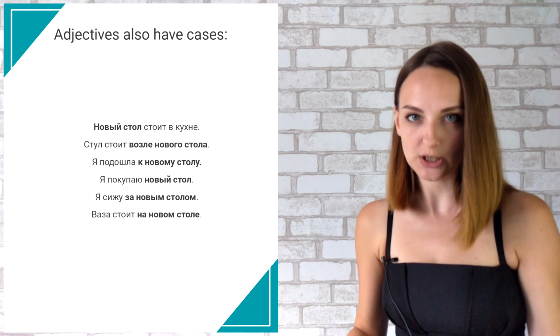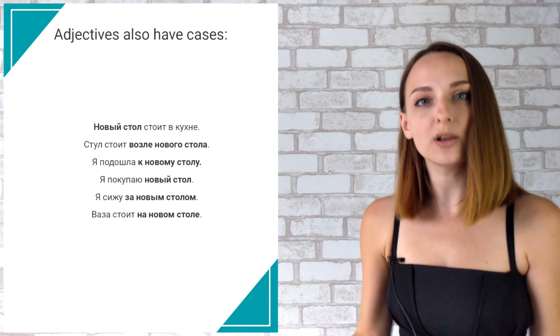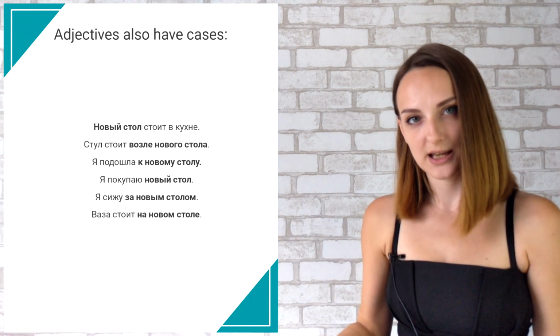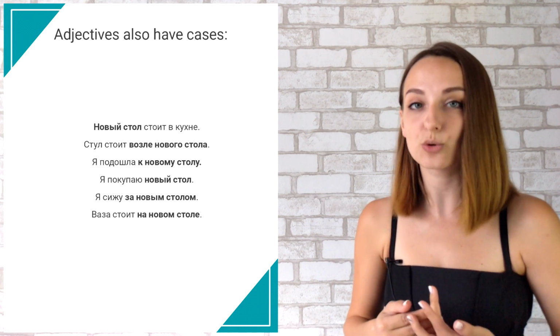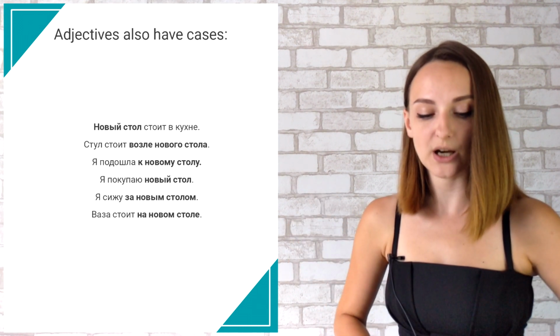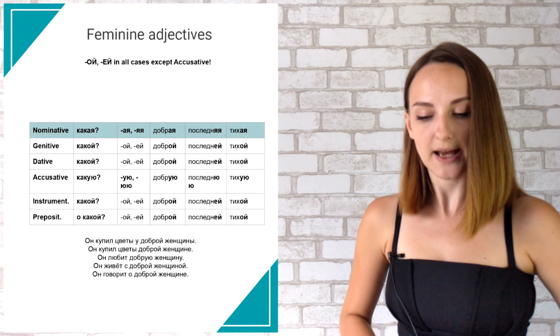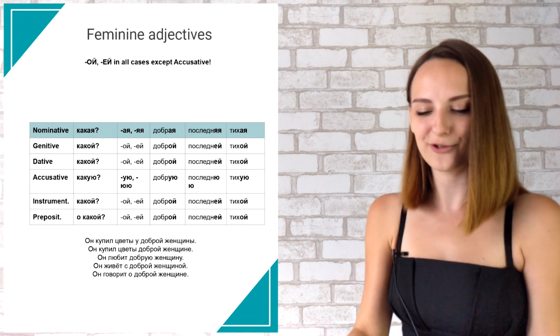This is the prepositional case. На новом столе. So we have here all 6 cases of the adjective новый in masculine form, because стол is masculine, right?